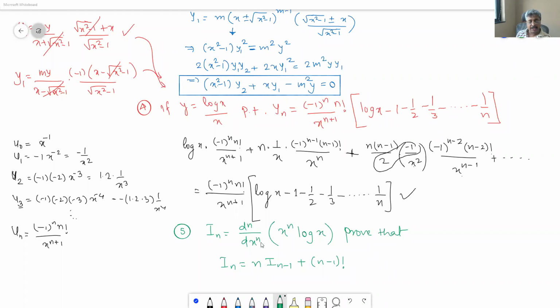So when you are taking the nth derivative of this quantity, it is as good as taking the n minus 1th derivative of the first derivative of this quantity. So if you look at the nth derivative as the n minus 1th derivative of the first derivative, I think this problem will be solved. Check.